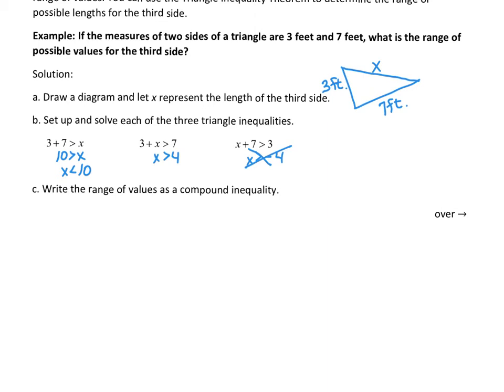When we write our range of values, we want to write them as a compound inequality. Now again, this is from Algebra 1, and when you write a compound inequality, you write it in this form: the lower boundary is less than x, which is less than the upper boundary.